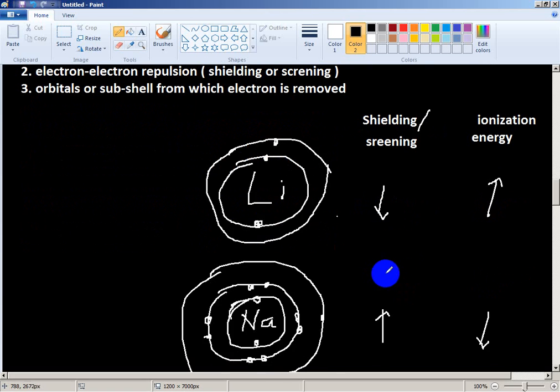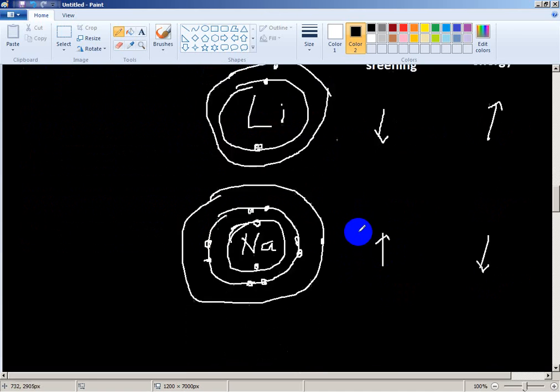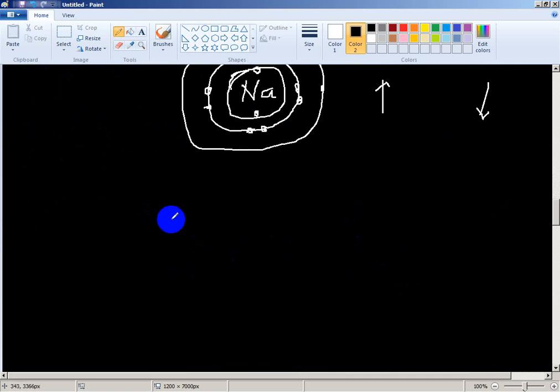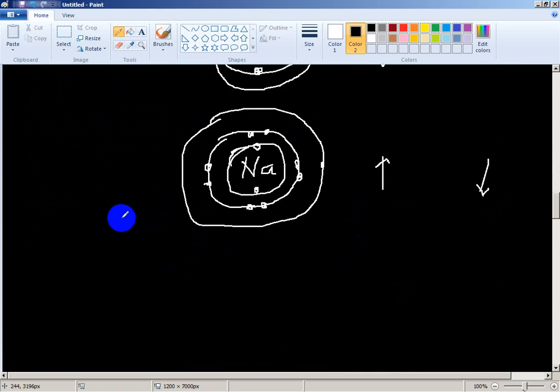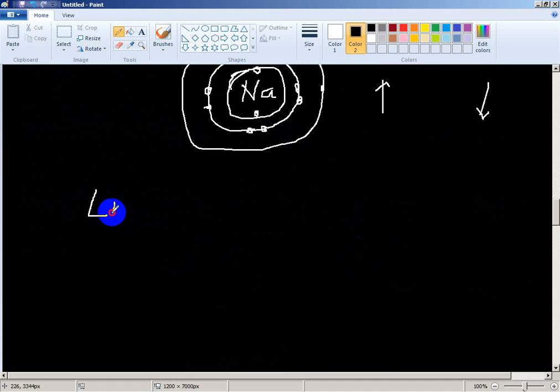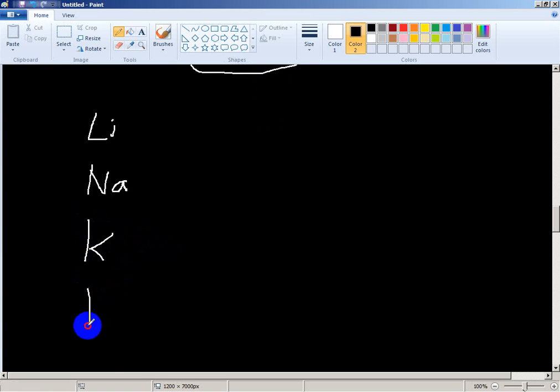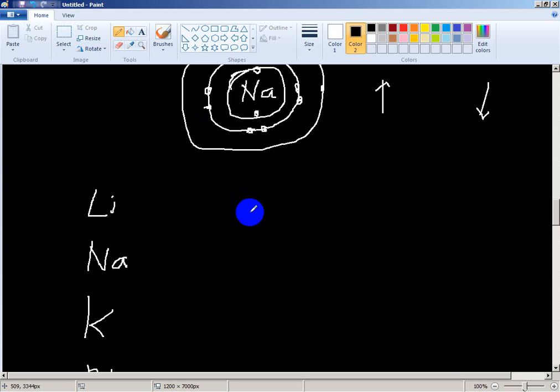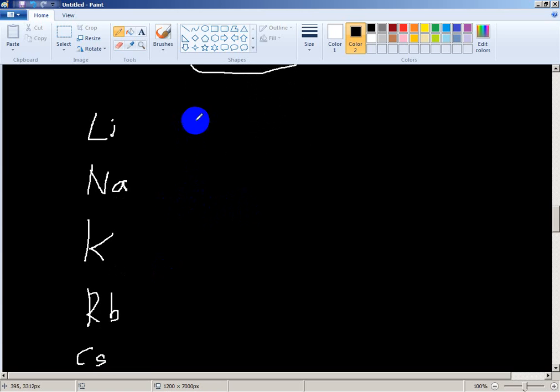Shielding. Okay. So in a group, down a group from top to bottom, does ionization energy increase or decrease?